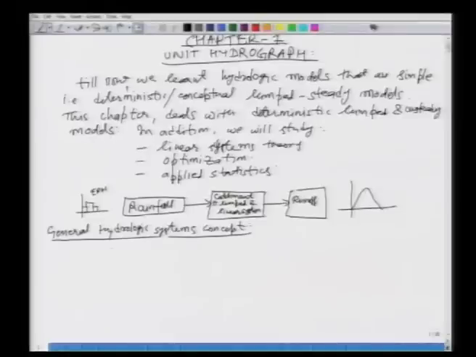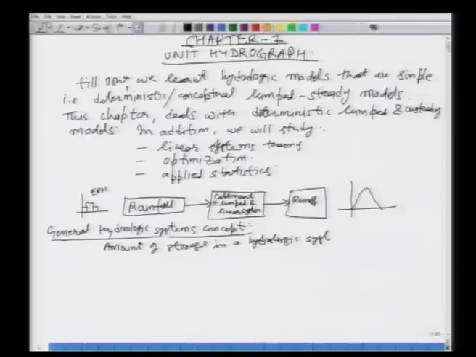So, what we do is we say that the amount of storage, S, in a hydrologic system or in a catchment like the one I have just drawn above, is given by the integral continuity equation.